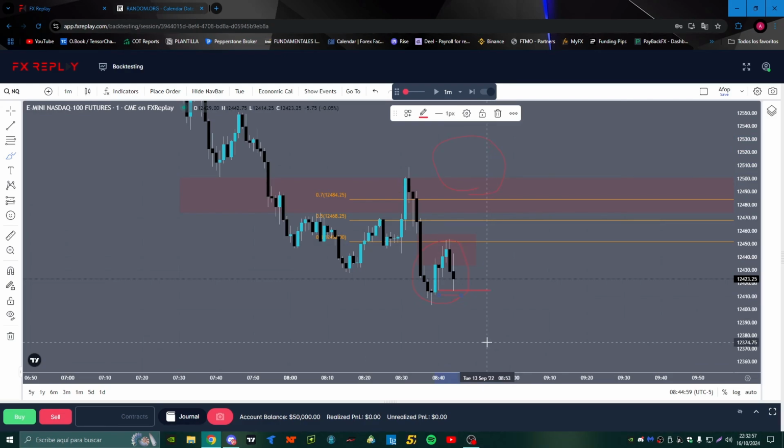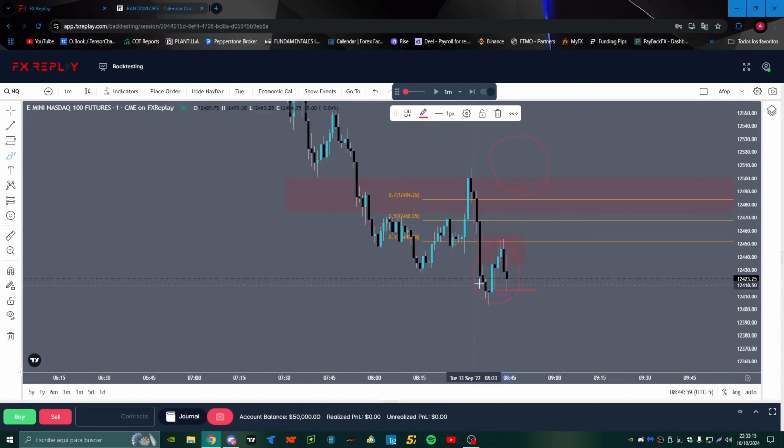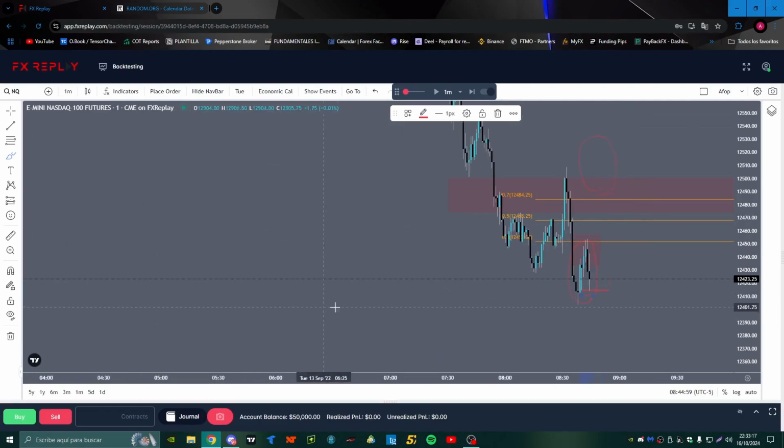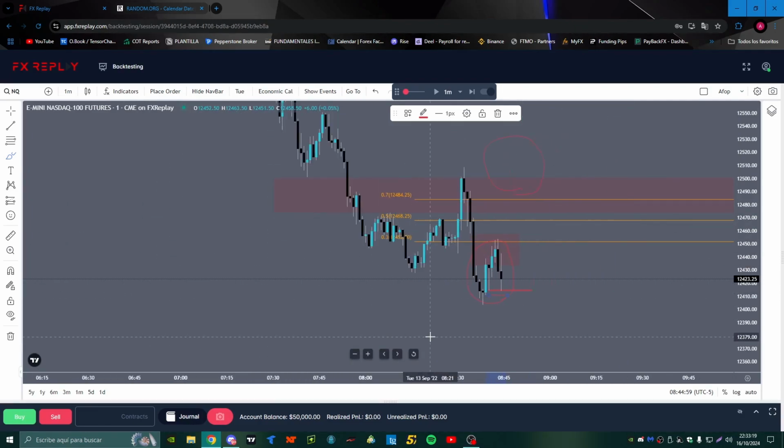I would place a sell stop more or less around here, so that if this double bottom that is forming fails to fulfill its function, it takes me in sales. Why wouldn't I take it here? Because we are on the floor of this, that yes, this might be a continuation of the bias, the bearish bias we have.